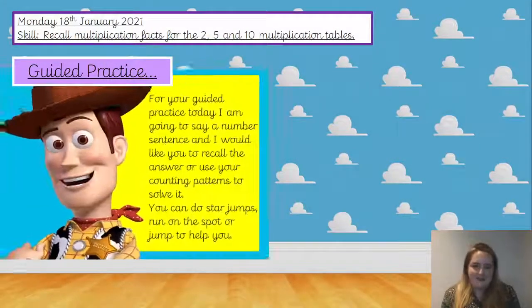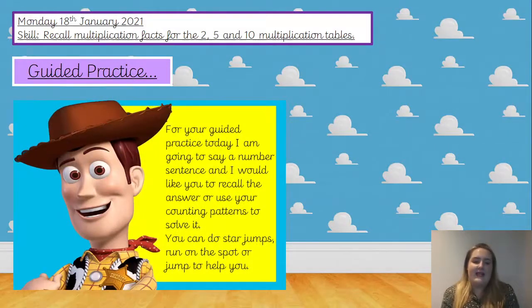Guided practice time then. For your guided practice today, I am going to give you a few number sentences, and I would like you to recall the answer or use your counting patterns to solve it. So I'd like you to find the answer to these multiplication tables. You can either recall it, use your counting patterns, or do as we did before, where we did the star jumps or running on the spot or the jumping to help you count.